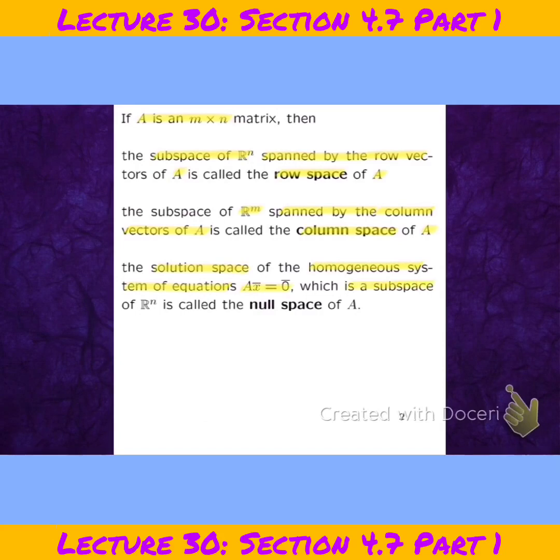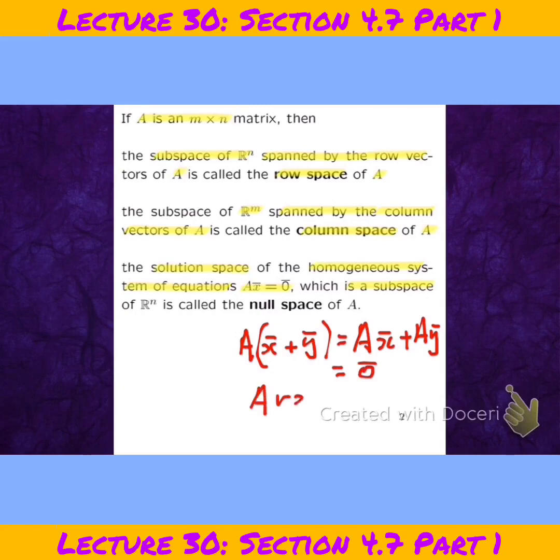Remember, we established that it's a subspace because if you take any two solutions to the homogeneous linear system and sum them together, that is going to be Ax bar plus Ay bar, which is just going to be the zero vector. And also any scalar multiple of a solution is also going to be a solution to the homogeneous linear system. That is according to our vector algebra, and that is just the zero vector.